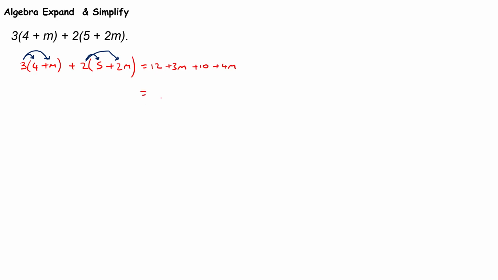And we simplify by collecting like terms. You've got 12 plus 10, and then you've got 3m plus 4m, which is going to give us 22 plus 7m. If you wrote that, that's fine. You can also write it as 7m plus 22. Either one is fine.